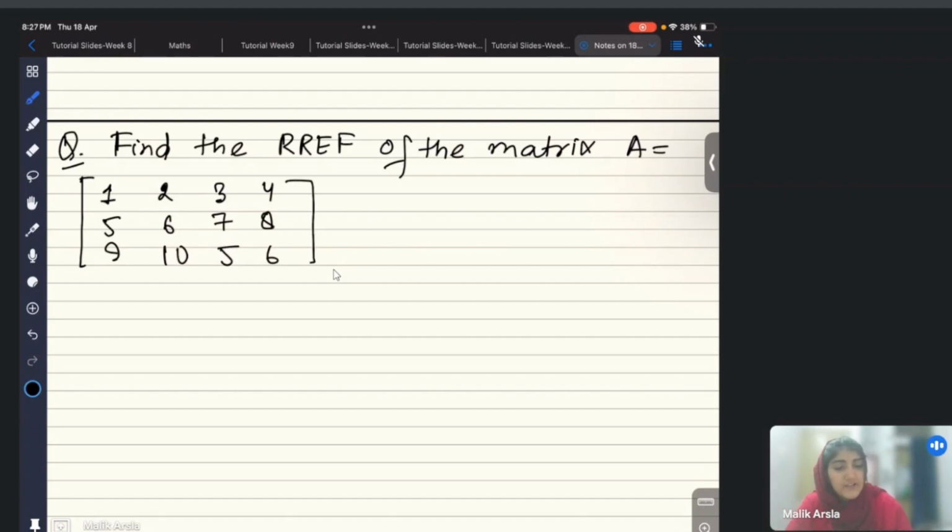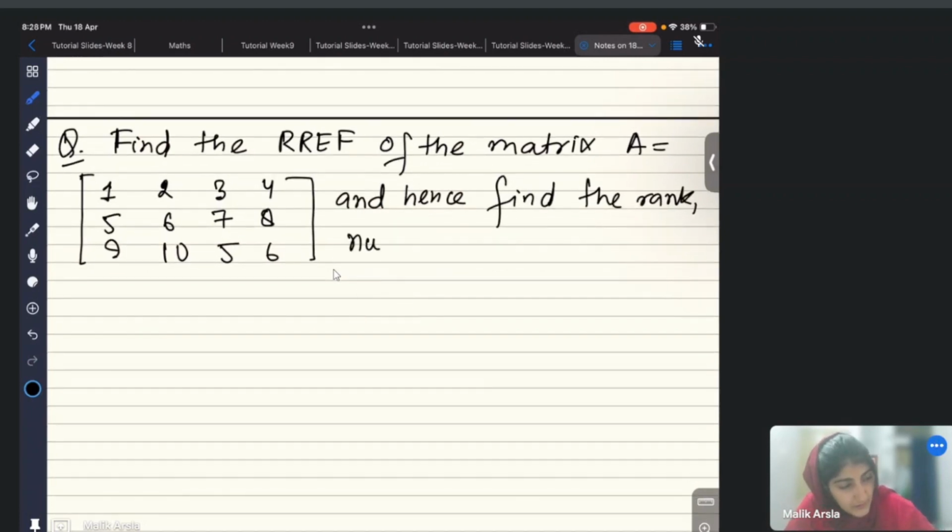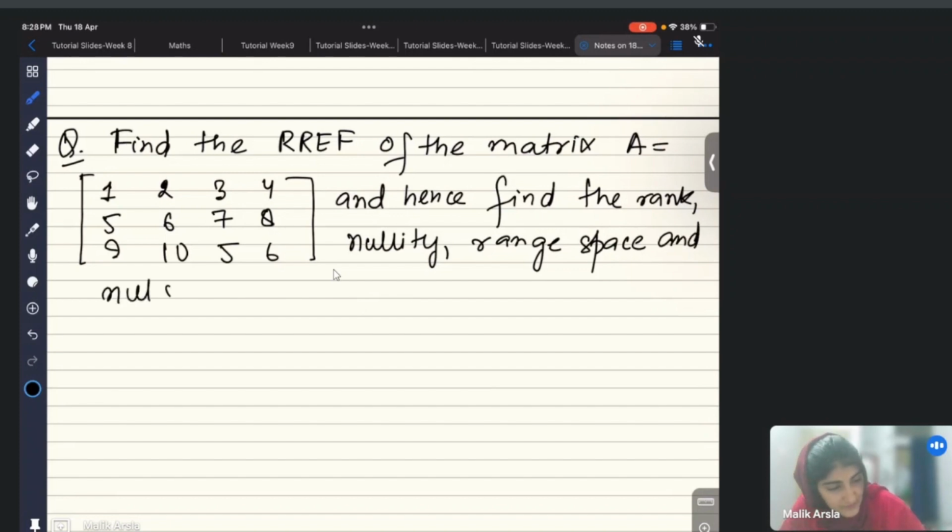We have to find its RREF and hence find the rank, nullity, range space and null space.